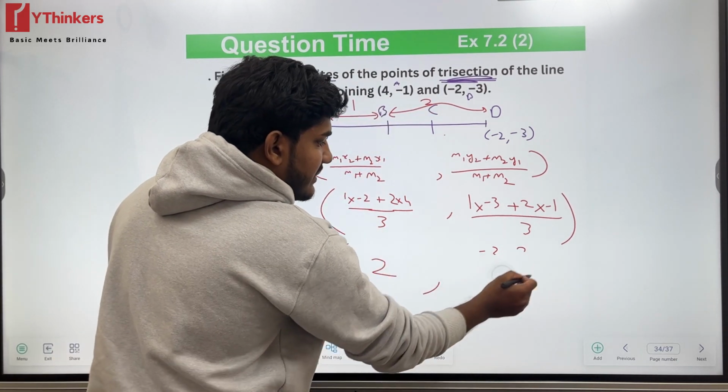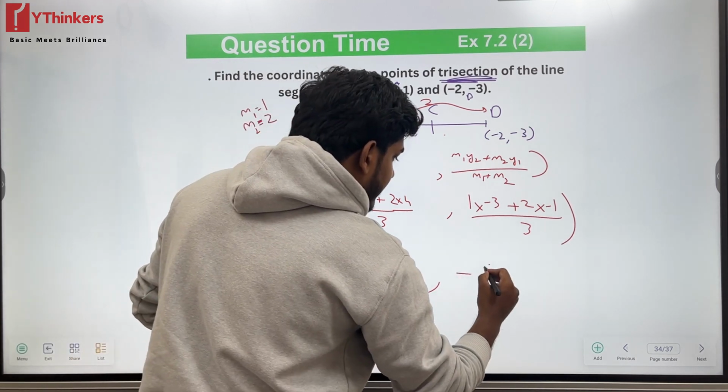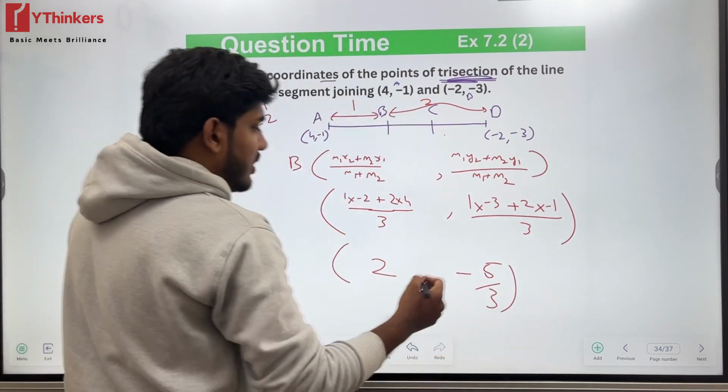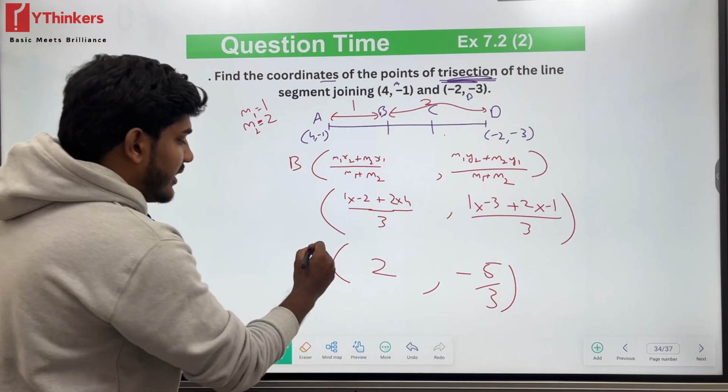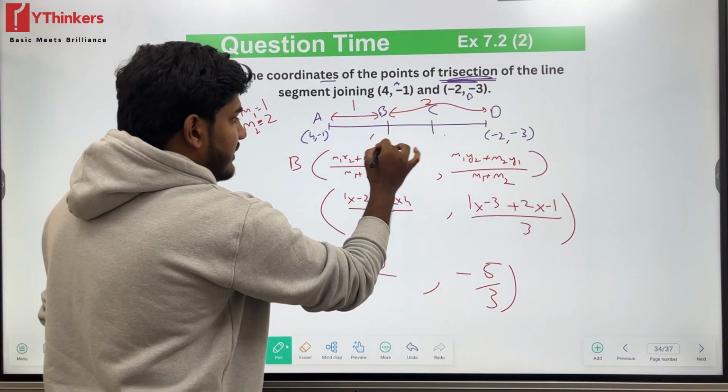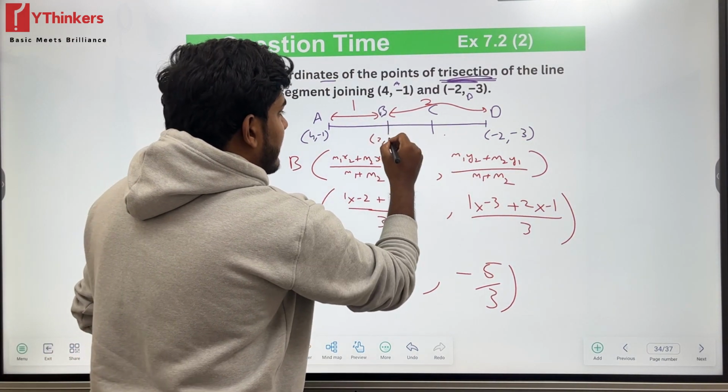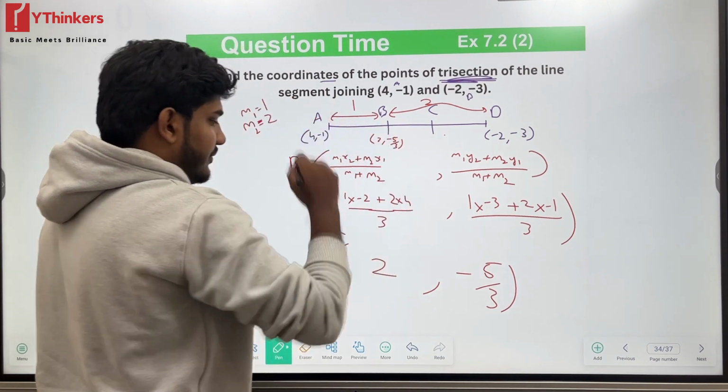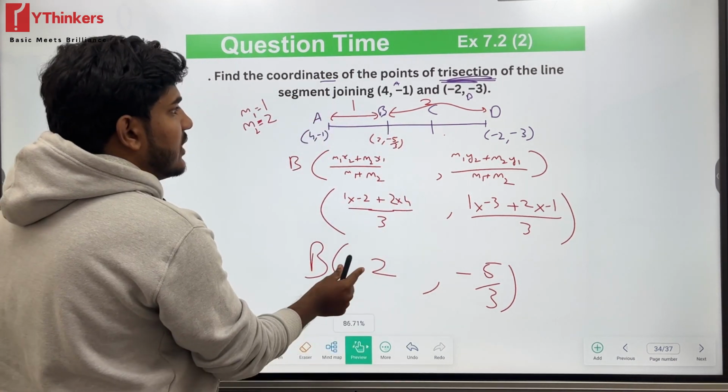Minus 2 minus 3 is minus 5. Okay, so this was B's coordinate. We have got B's coordinate as (2, minus 5 by 3). Okay. Now, how do we find out?